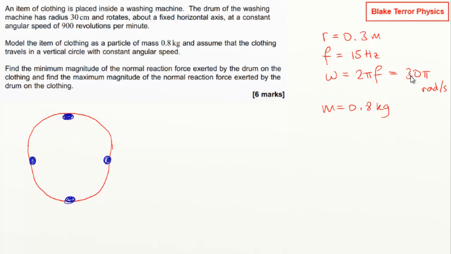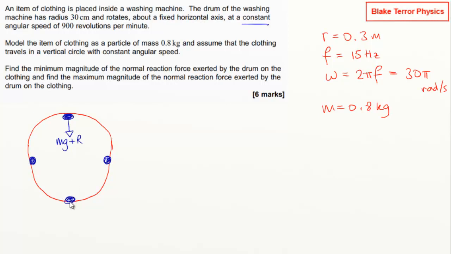Because we're moving at a constant angular speed, as the question tells us, we need to have a constant centripetal acceleration of omega squared r. And that's got to come from our centripetal force. So how is this centripetal force changing? When we're at the top, we've got the weight of the clothing acting towards the center of the circle, plus we've got the reaction force.